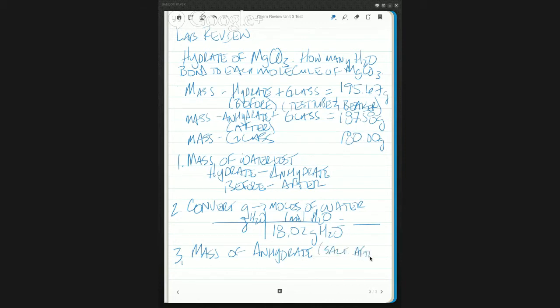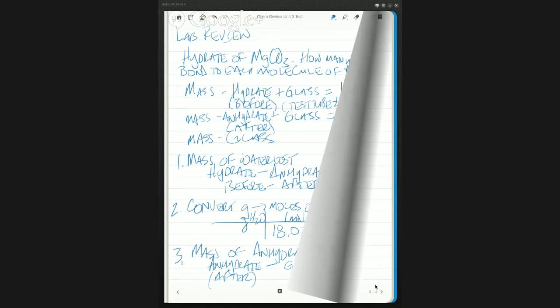To do that, you take the mass after heating minus the glass. So that's your mass of just the anhydrate.